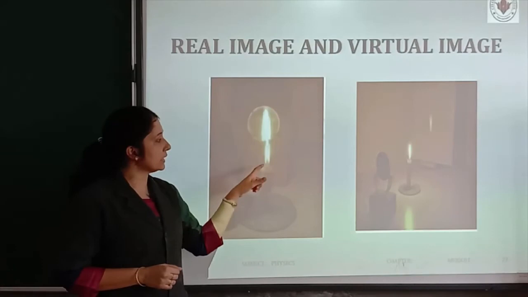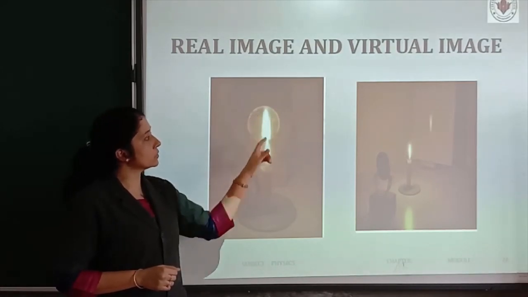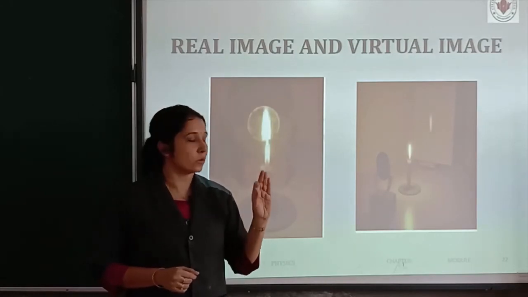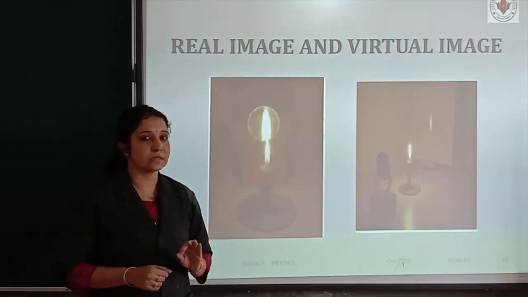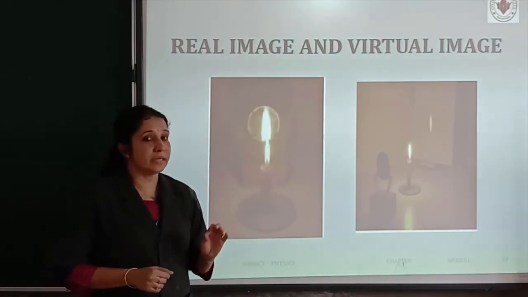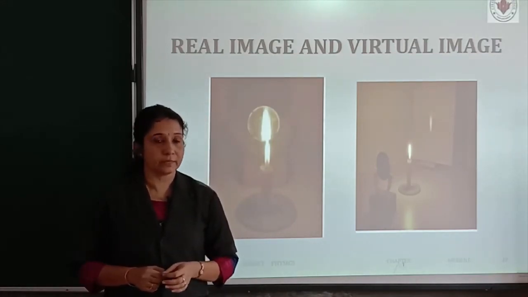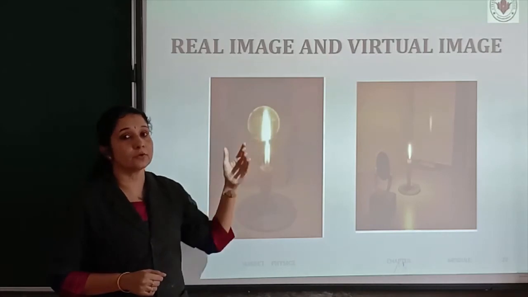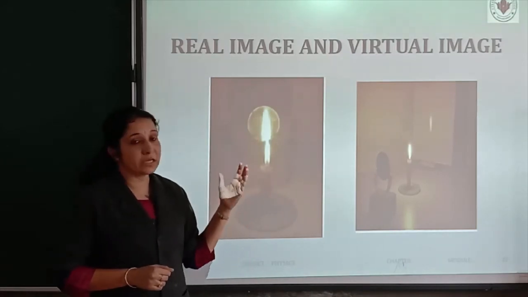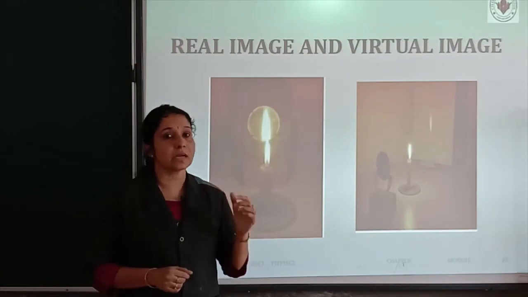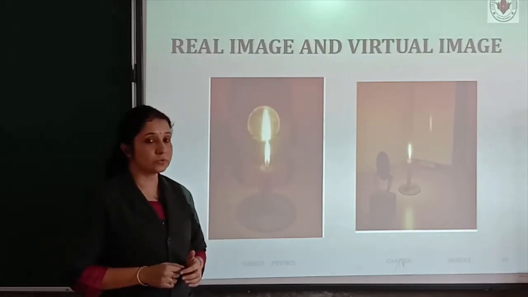So this is a candle flame and the image looks the same as the candle flame, only the size of the image is different. So virtual images are those images which cannot be obtained on a screen. If you place a screen here, you don't get anything. You don't see an image on the screen, you can only see the image. So this kind of image is known as a virtual image.